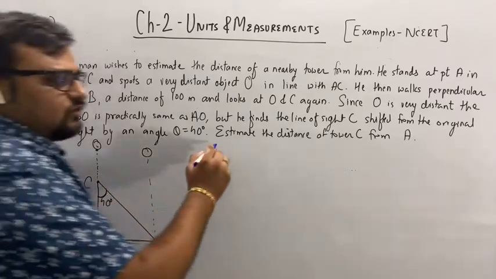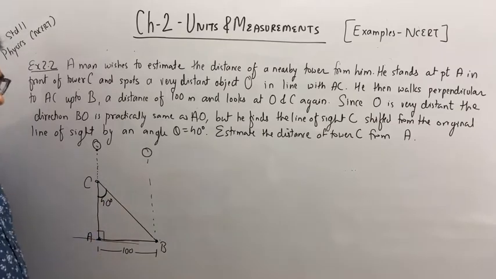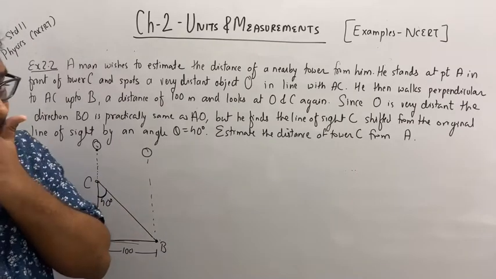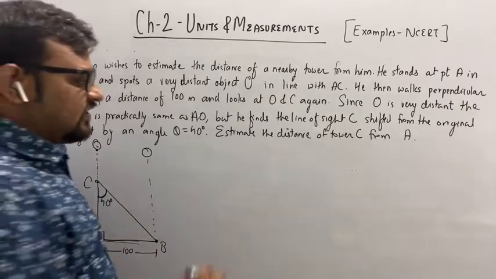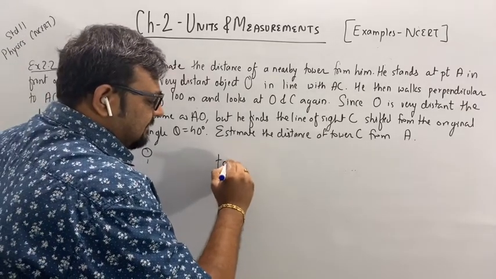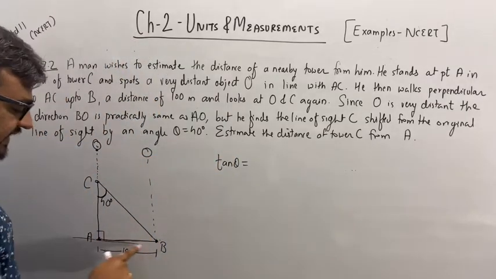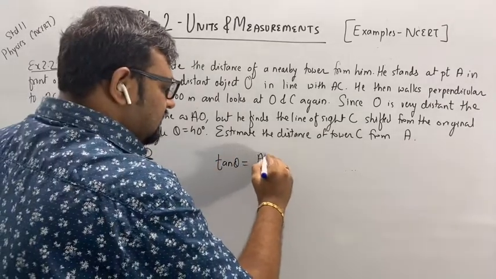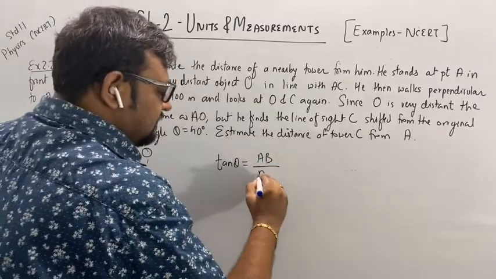Clear? Now you have to estimate the distance of tower C from A. So you have to find AC. So now what will we do? We'll use the trigonometric ratio. What is tan theta? Opposite side upon adjacent side, means AB upon AC.